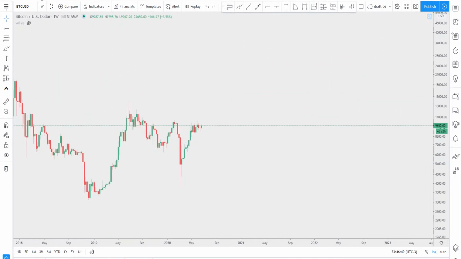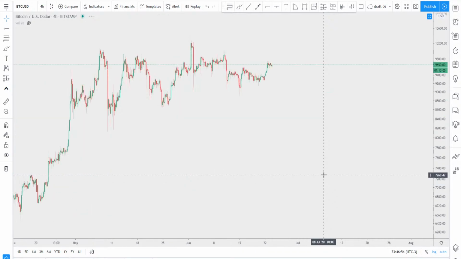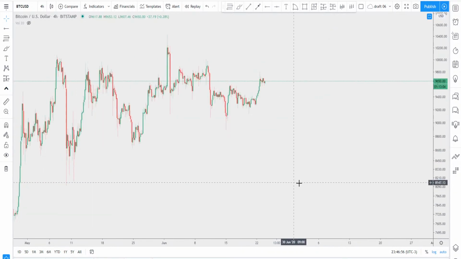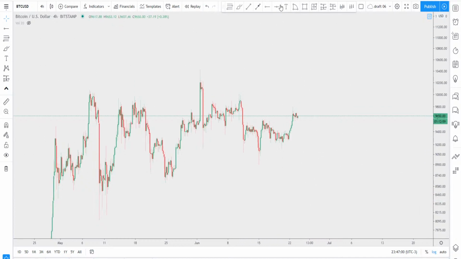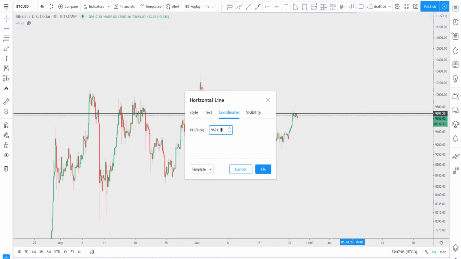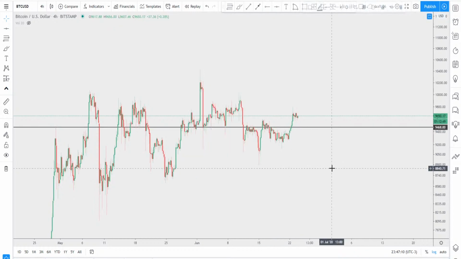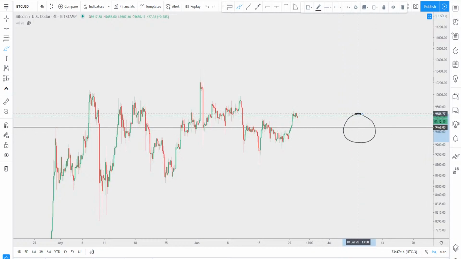And so now let's go into the 4 hours. If you remember, I addressed this scenario right here. We talked about 9468. Let me draw it here just a second. 9468. Yeah, so this is a monthly resistance and it's still open.